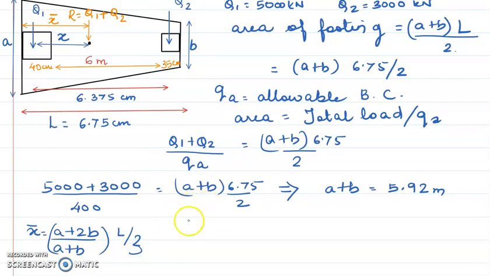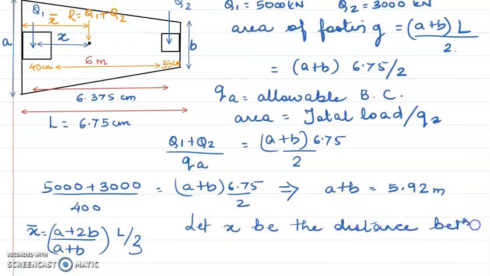So now over here I'll just write, let x be the distance between resultant, what is the resultant? Q1 plus Q2, okay, and center of Q1. Q1 I'm just saying, right, column 1, or you can write here as column 1.